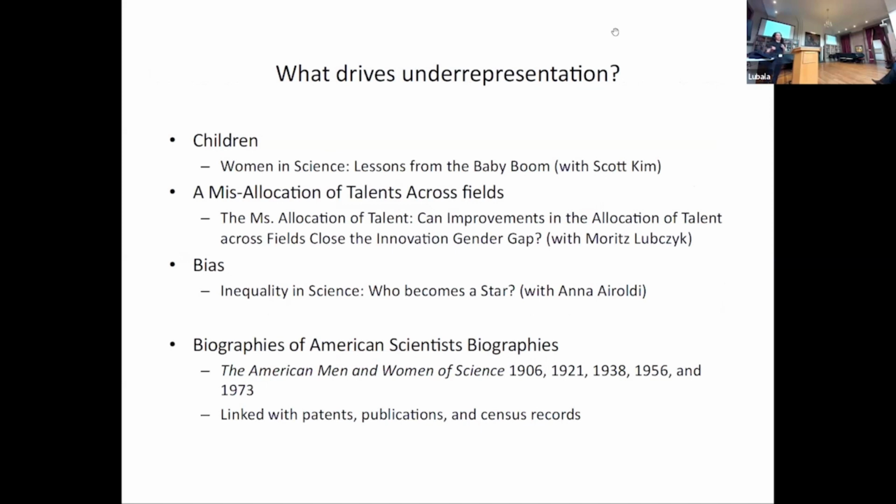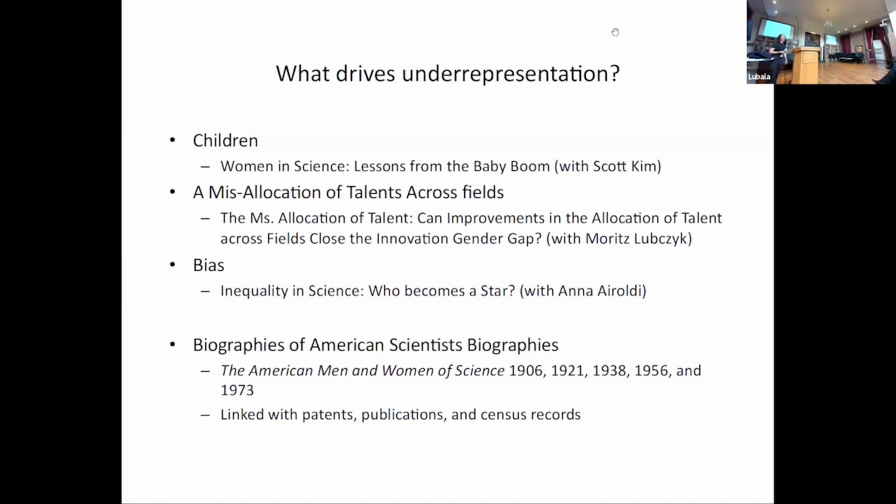If we have time at the end, I'll tell you about that, and also bias, just straight out bias, when we evaluate people who have the same publications and the same citations differently depending on their non-productive characteristics. But today, because I was supposed to talk about children, I'm going to focus on children.